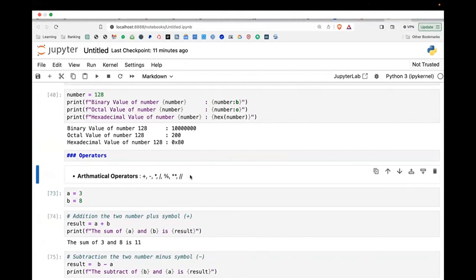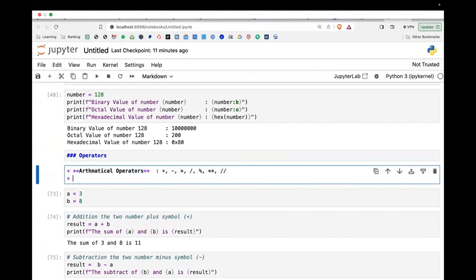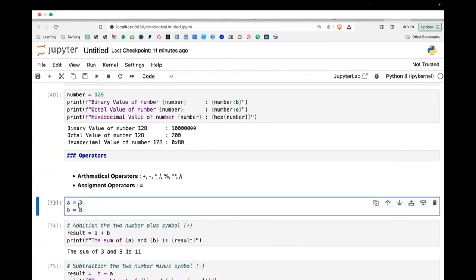Okay, there is another group of operators called assignment operators. What are assignment operators? You already understood them while we were doing this: A equal to 3, B equal to this. Equal is called the assignment operator.